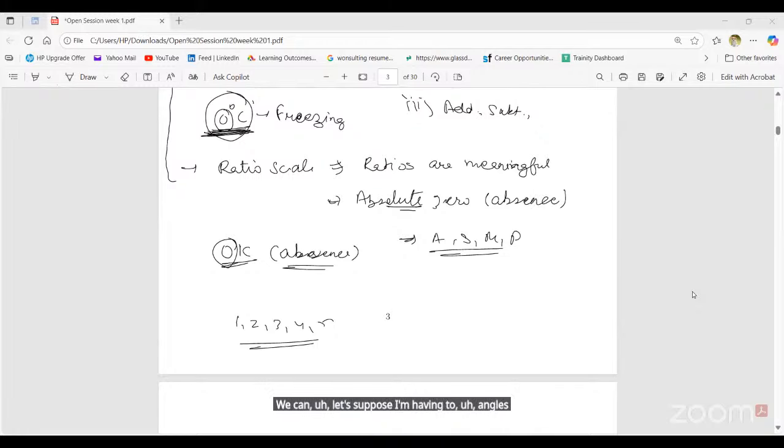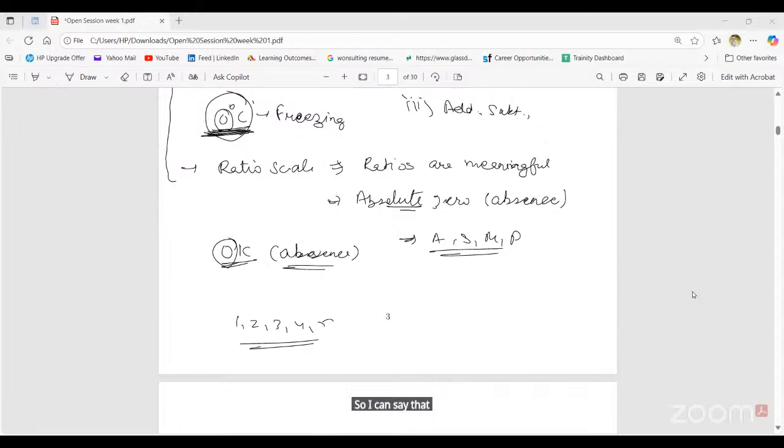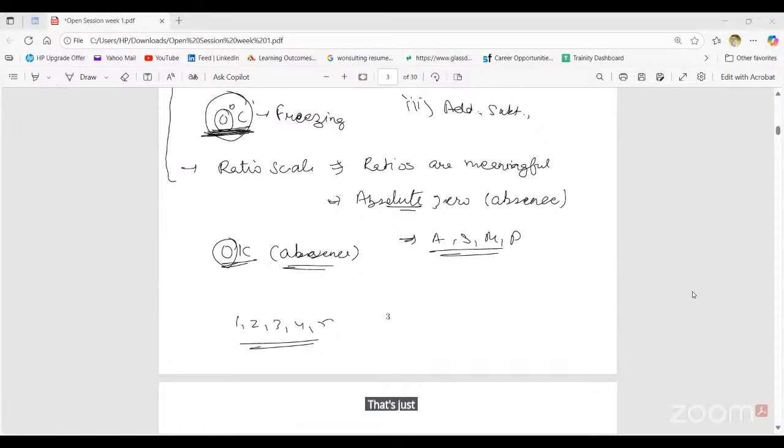We can have a 90 degree and we have 180 degree. So I can say that my 180 degree is twice of 90 degree angle, right? Yes, ma'am. And 0 degree in the sense, that's just an angle, right?